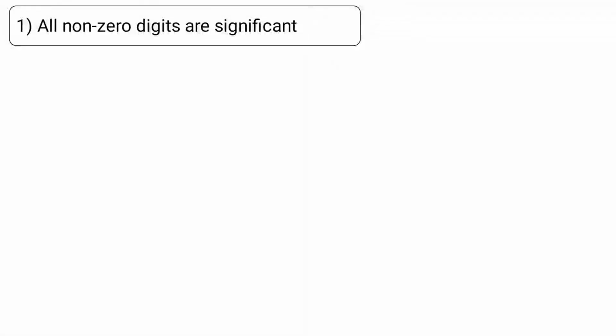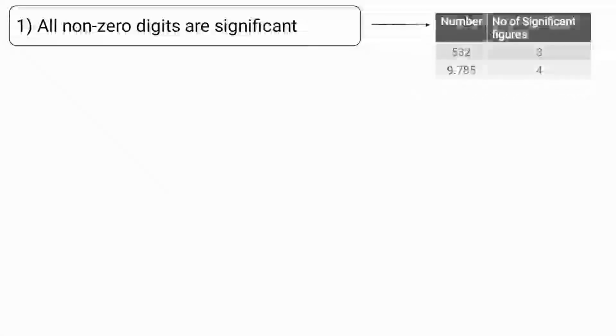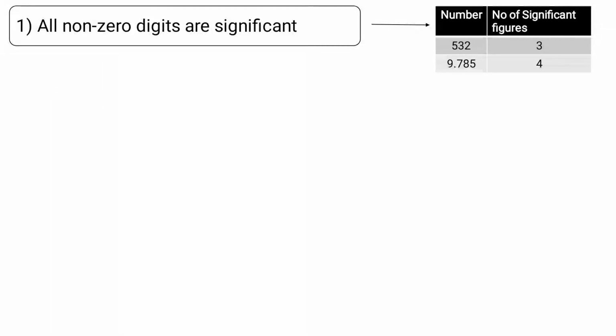Example for the first rule. There are two examples given, that is 532 and 9.785. Both the numbers do not possess any zeros, which means that all their digits are significant. That is, all non-zero digits are said to be significant.